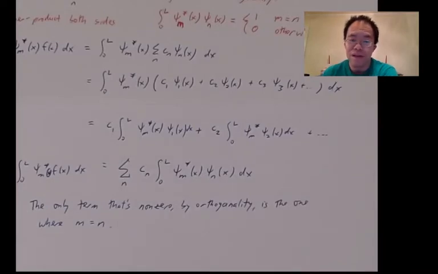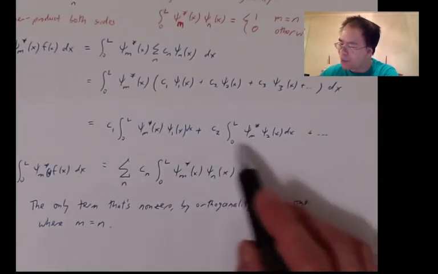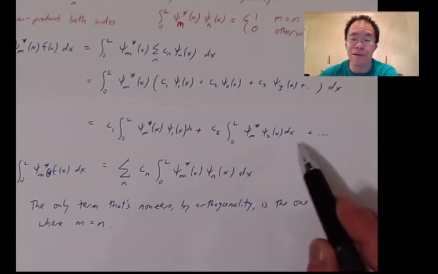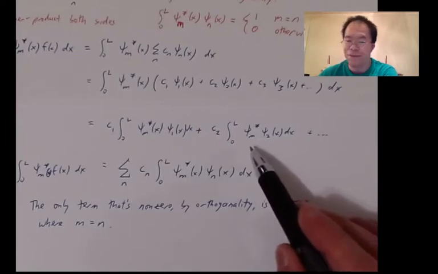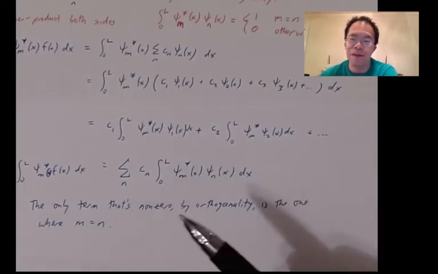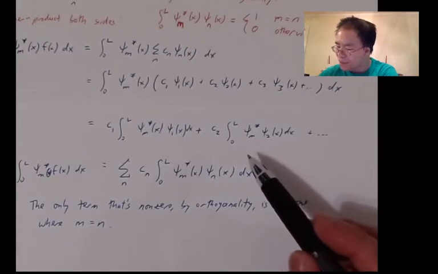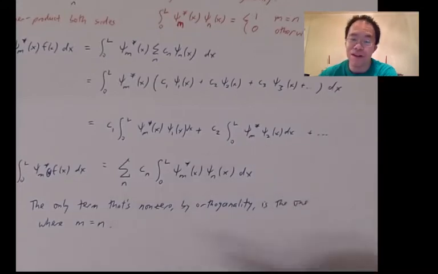Again, if you want to convince yourself of this, it might be easier to think about this term by term right out over here. For instance, if m happened to be 2, this term would survive, but otherwise it would go away.